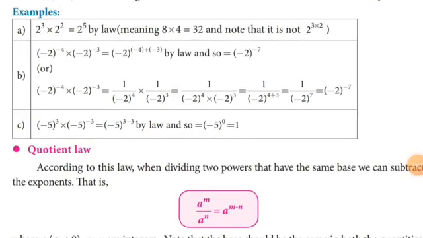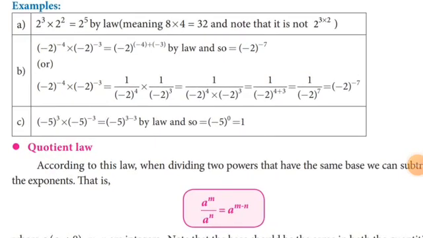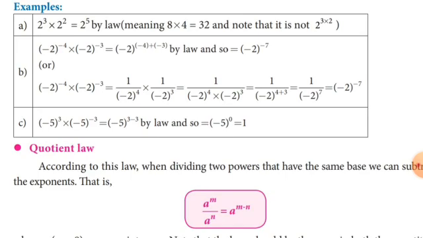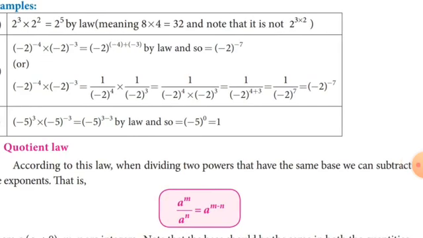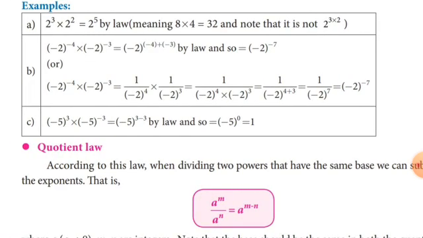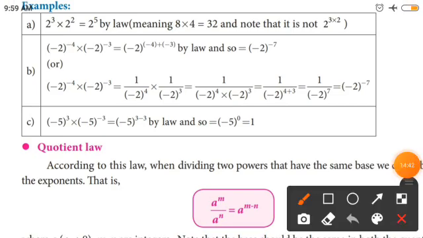Next, quotient law. According to this law, when dividing two powers that have the same base, we can subtract the exponents, that is a power m divided by a power n is equal to a power m minus n.